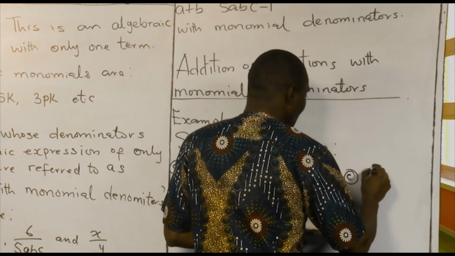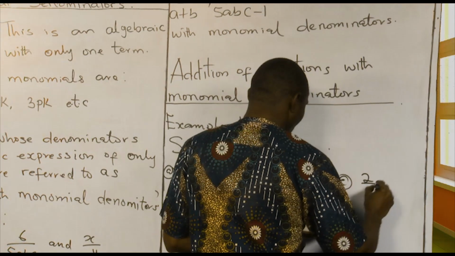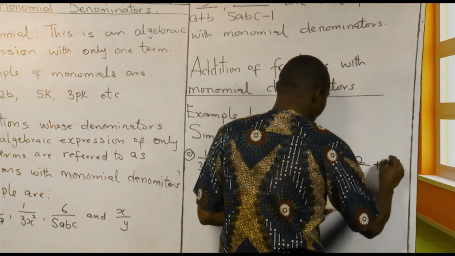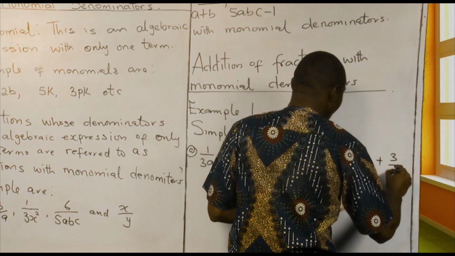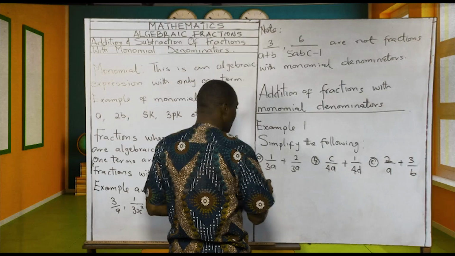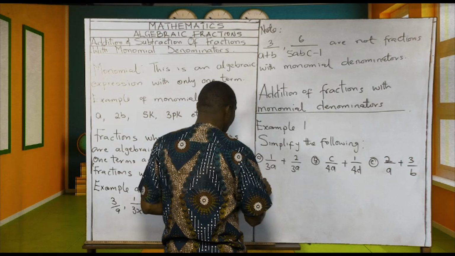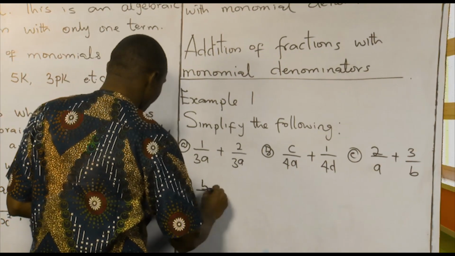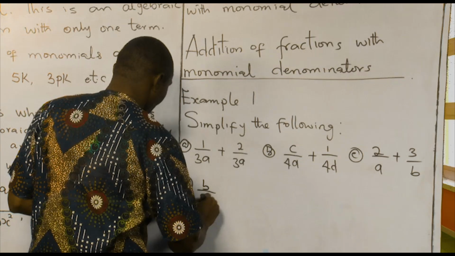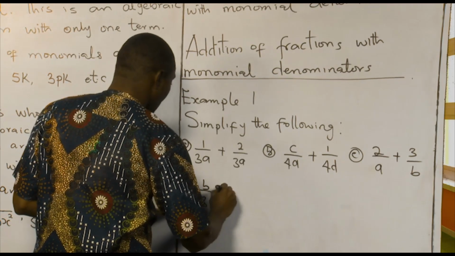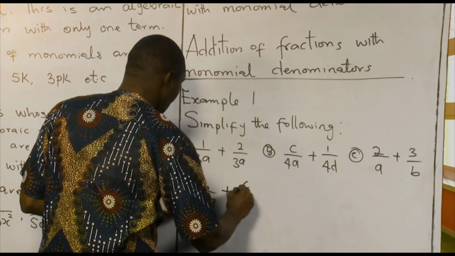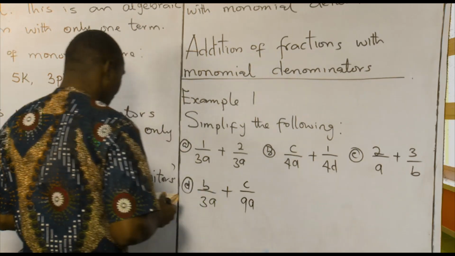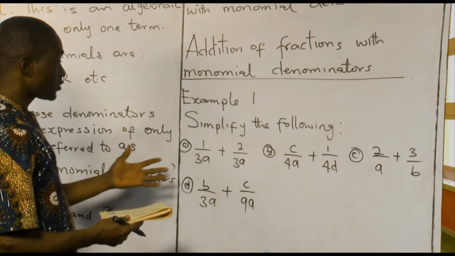C: 2 over a plus 3 over b. D: b over 3a plus c over 9a. So this is what we have.